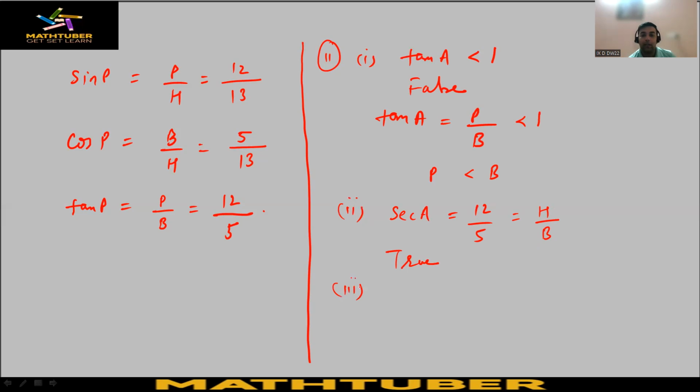Now the third one is cos A is the abbreviation of cosecant. No, it's an abbreviation of cosine of angle A. So it's a false here.